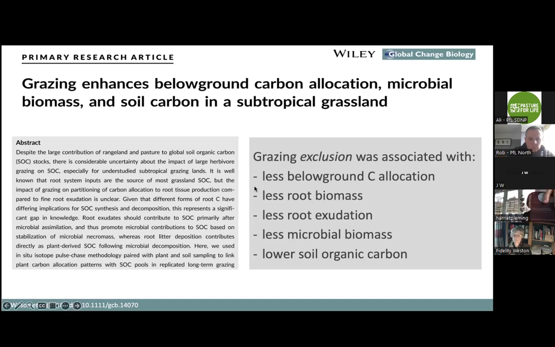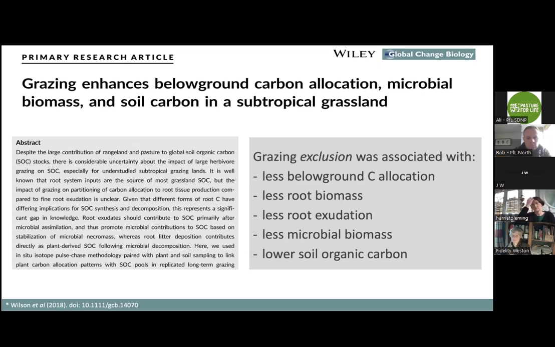And they found in the study that where they excluded the animals, so where they cut and mowed, this was associated with less below ground carbon allocation. That meant less root biomass, that meant less root exudation, that meant less microbes growing, feeding off those carbon inputs, so less microbial biomass.